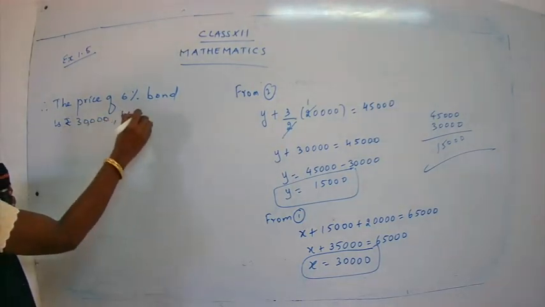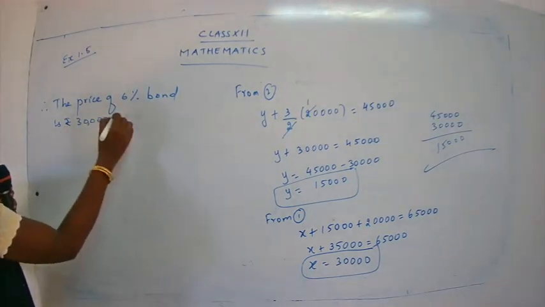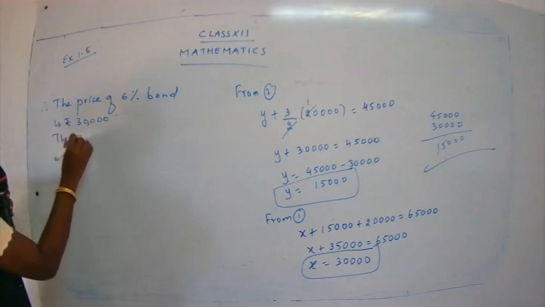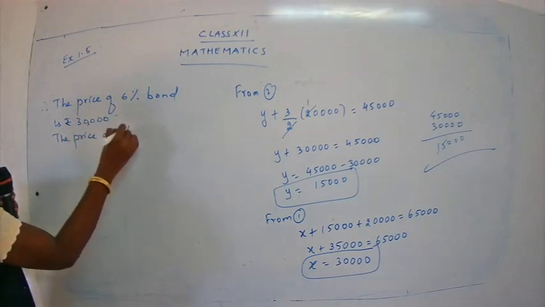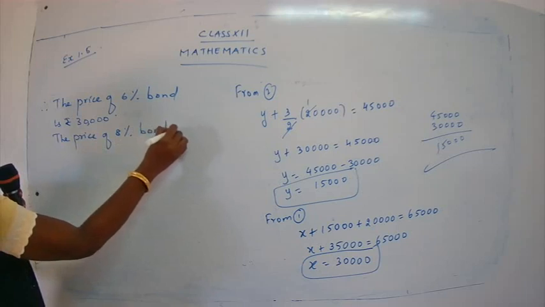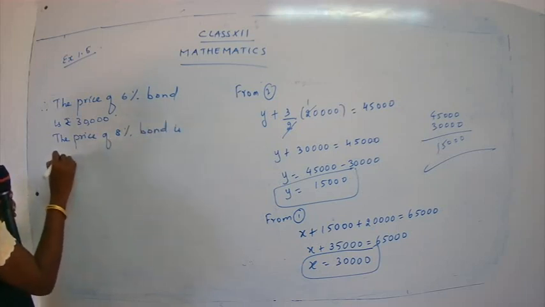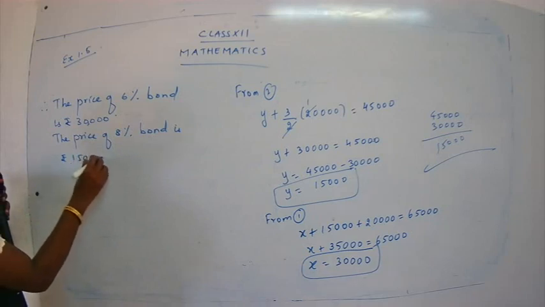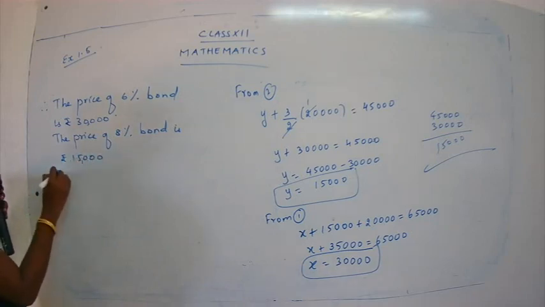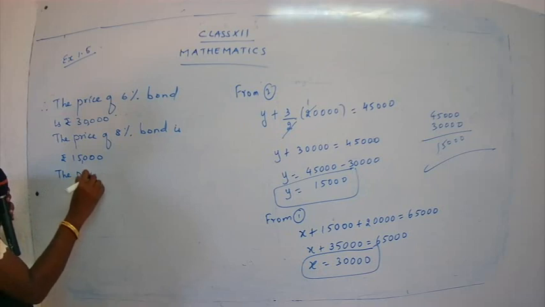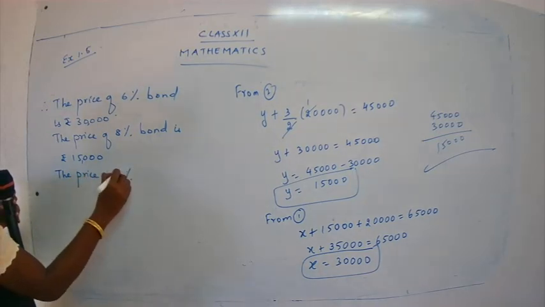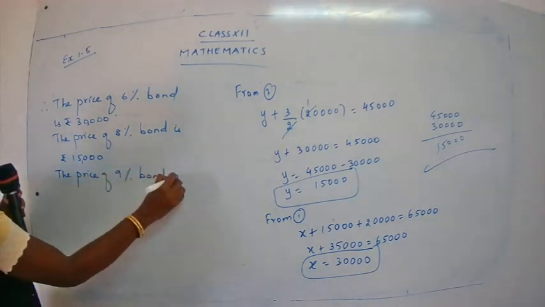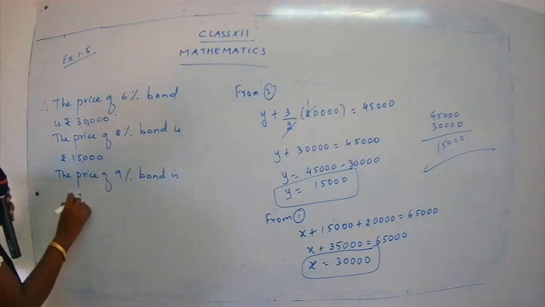The price of 8% bond is rupees, the y value, 15,000. The price of 9% bond is rupees 20,000.